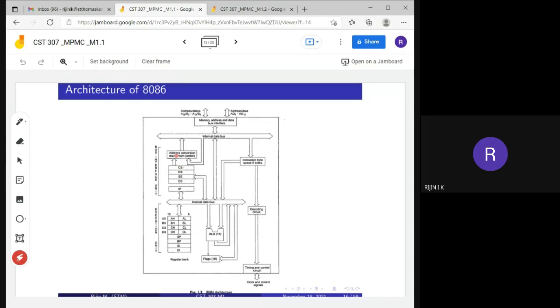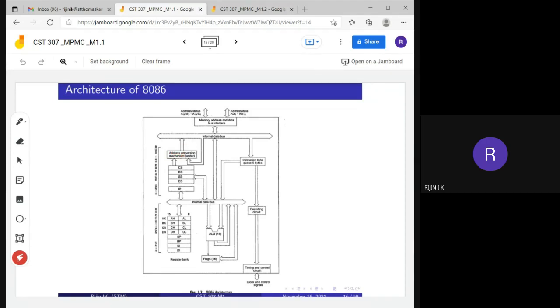So it will use the 16-bit segment register, and also a 16-bit offset value, to generate the 20-bit physical address for accessing the memory.